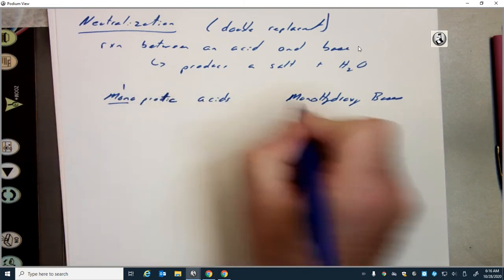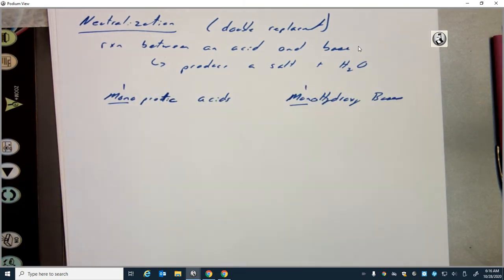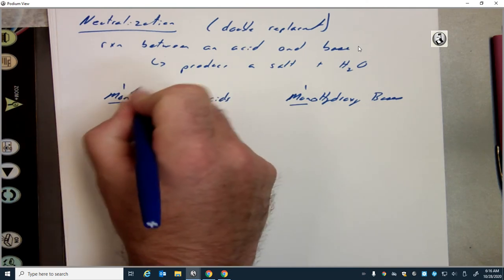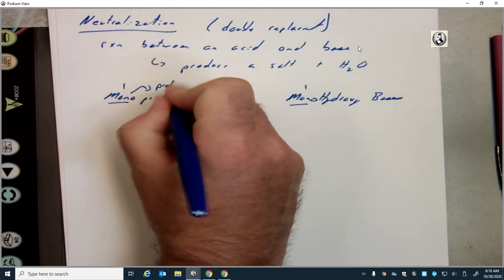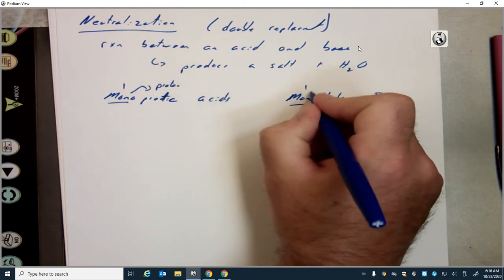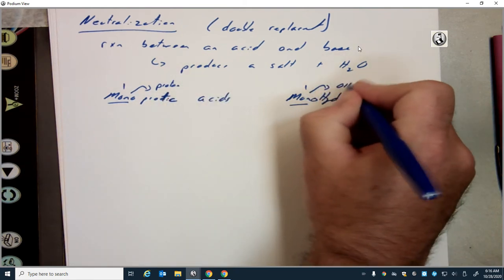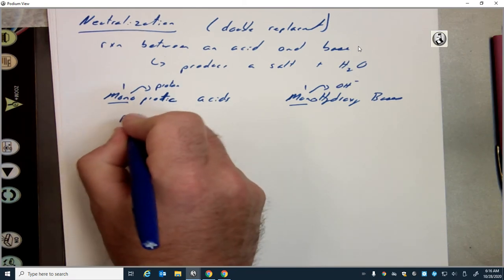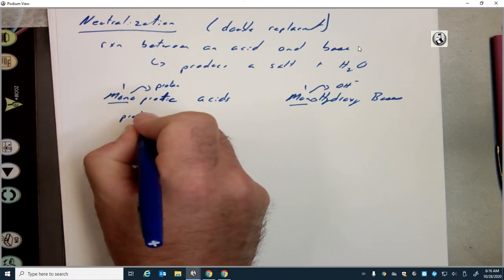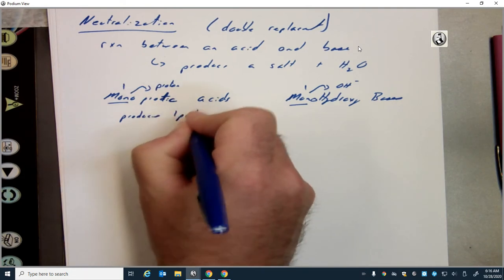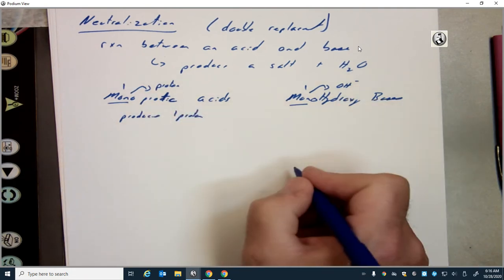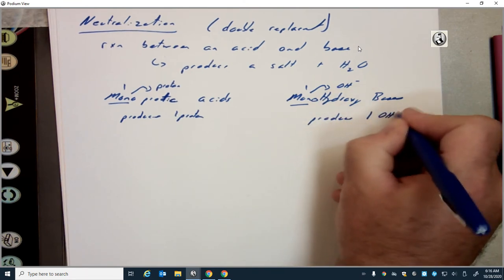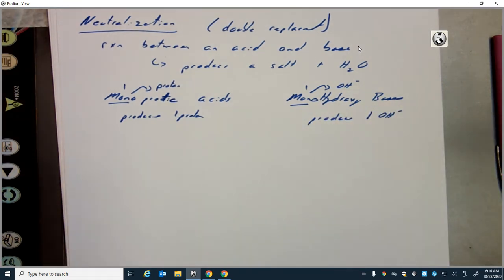Okay, so if you see this, mono means one. This means one proton. This means one OH minus. So monoprotic acids produce one proton. Monohydroxy bases produce one hydroxy ion.